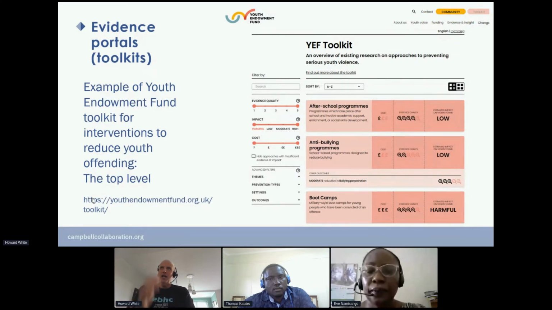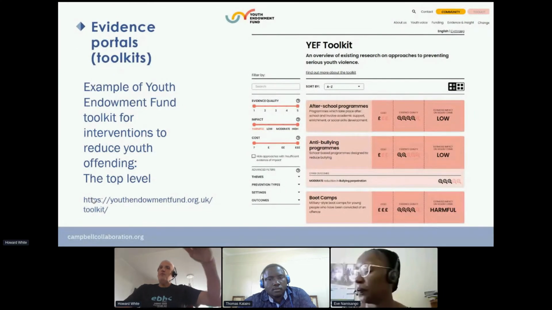And that impact rating is based on systematic review evidence, but we also tell you how strong the evidence quality is, which is based on assessment of the size of the evidence base and how good the studies are in that evidence base, and the quality of the review itself that goes into the toolkit, and then the cost of the intervention on a 3-point scale. Then this is the top level.